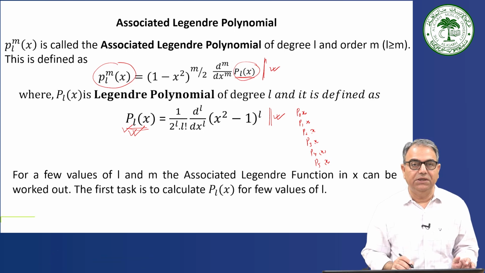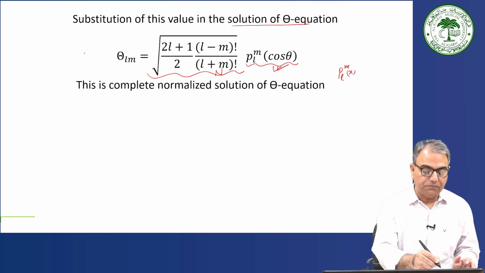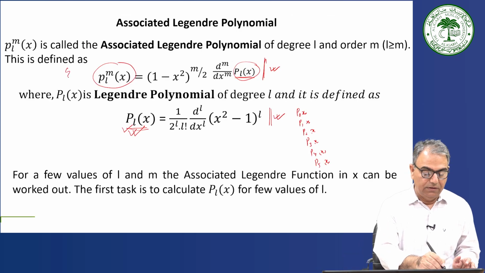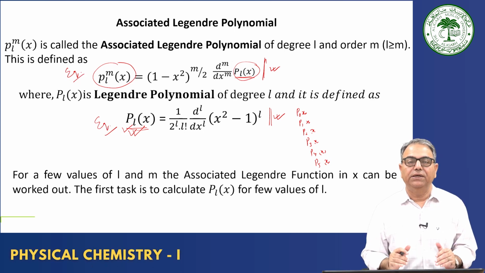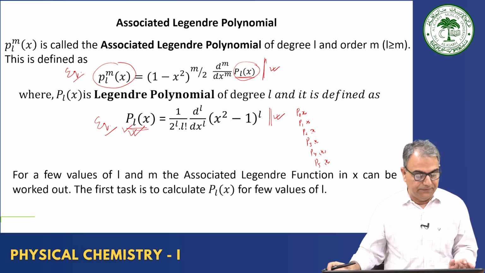These two equations are very important because from them, if you remember, you can write the solution of the Schrodinger wave equation along with the normalization constant also. I would say these equations are sufficient for finding out the theta function, the solution of the theta equation.